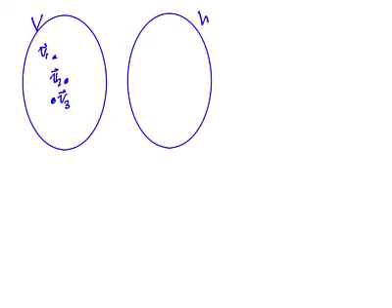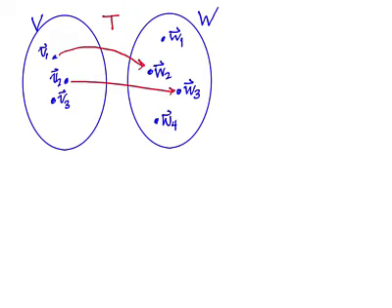So here's the vector space V. Let's say we've got a couple of vectors, V1, V2, V3. And then there's the codomain W. It's got a few vectors. And the linear transformation T sends V1 to W2, V2 to W3, and V3 to W4.